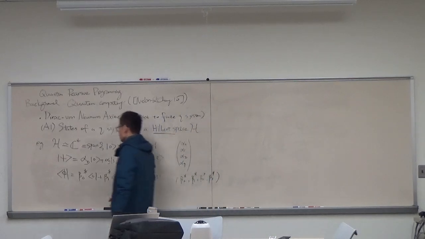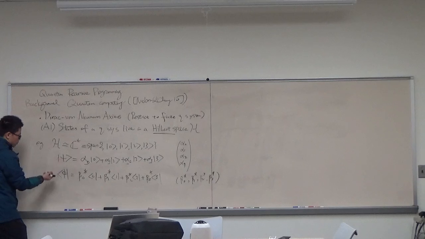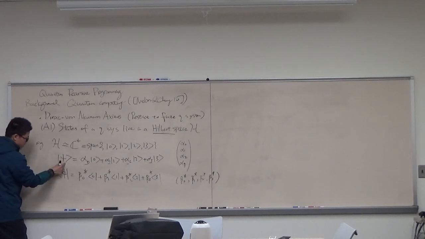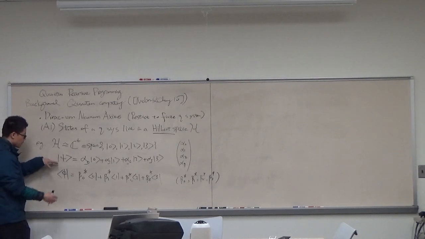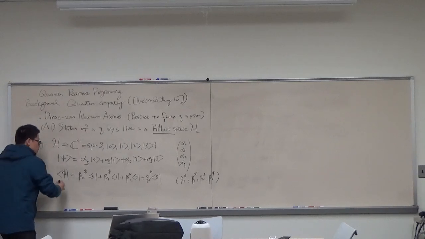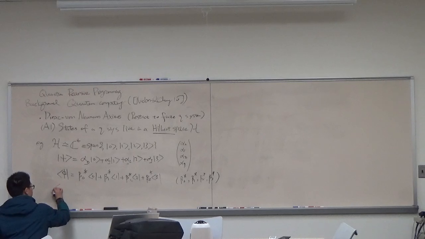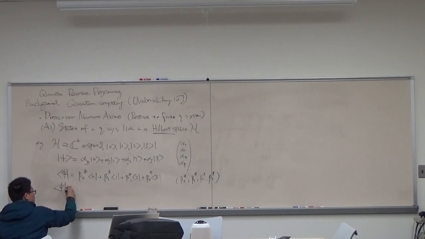Okay. So the inner product of these two, actually we should say the inner product of ket psi and ket phi, is then you just multiply these two vectors by standard matrix multiplication. So we often denote the inner product this way.